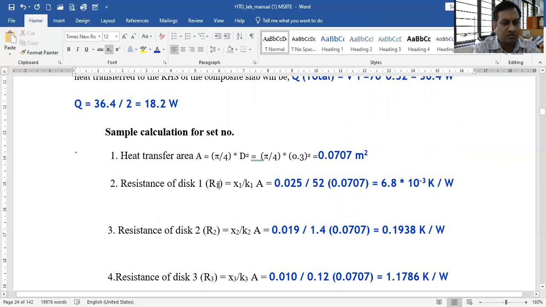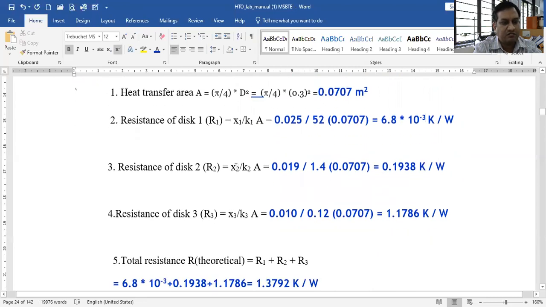This is for disc 1, that is why it is capital R1, and the formula is X1 upon K1A. The thickness for the first disc is 25 mm, so it is 0.025. Thermal conductivity K1 is 52, and area is common, that is 0.0707. On this basis, for R1 we get 6.8 into 10 raised to minus 3 Kelvin per watt.